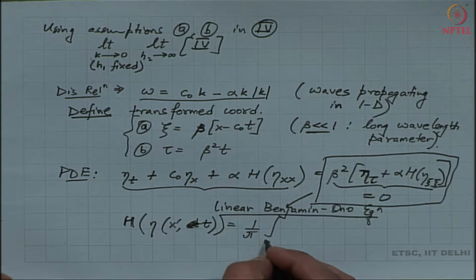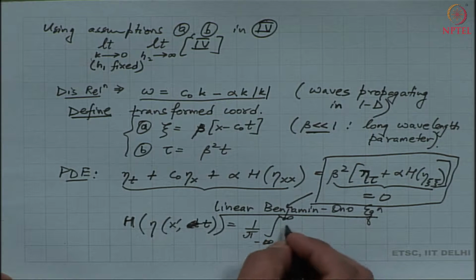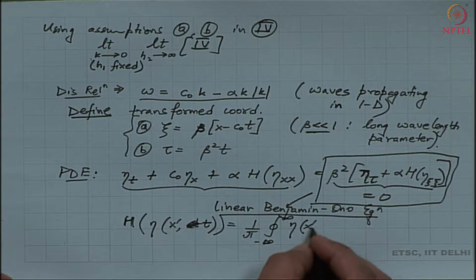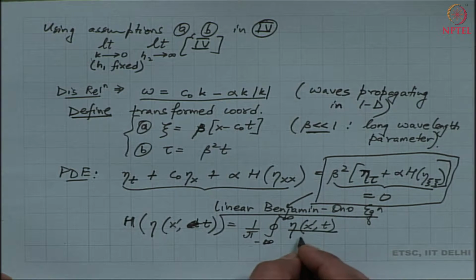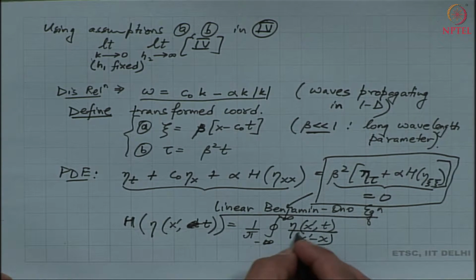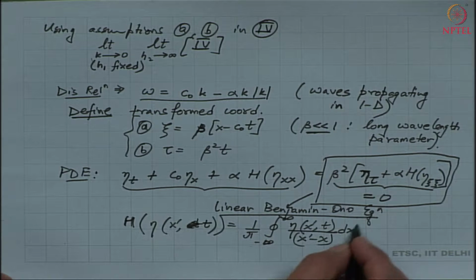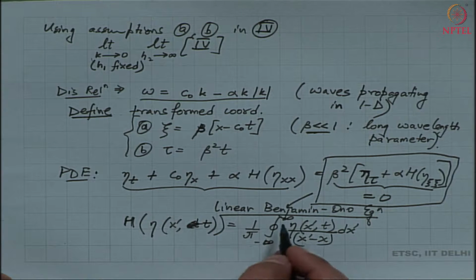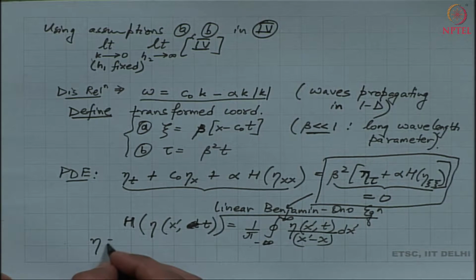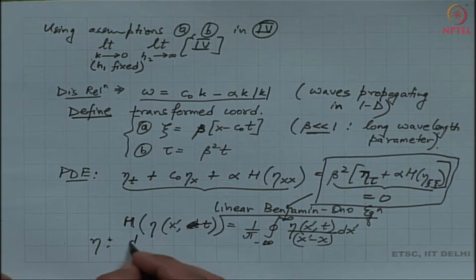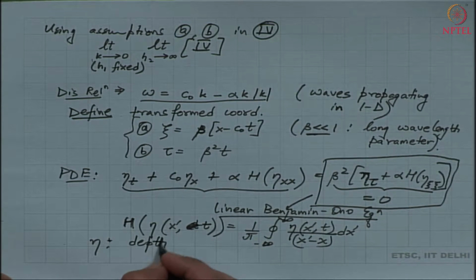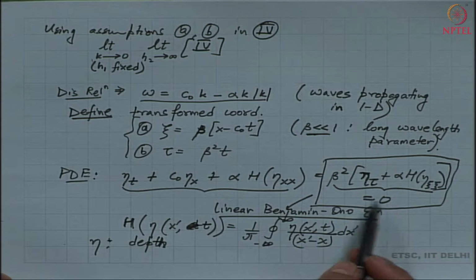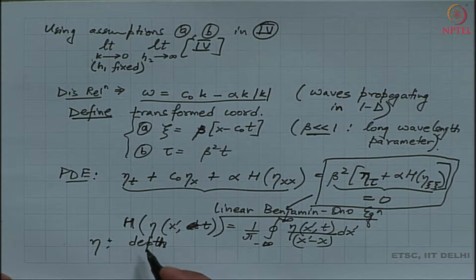So this is the integral from negative infinity to infinity of eta of x prime comma t divided by x prime minus x, dx prime. Okay. So this is my Benjamin-Ono equation for the deep water case, where my variable eta is the depth that we are studying. So depth as a function of x and t, the ocean depth.